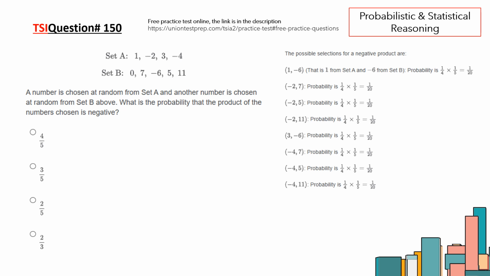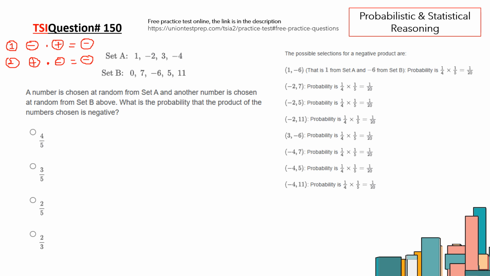So we have three notes here. The first note is when you have a negative number, you multiply by a positive number, it will produce a negative. The second note is if you have a positive number, you multiply with a negative number, that also produces a negative number.